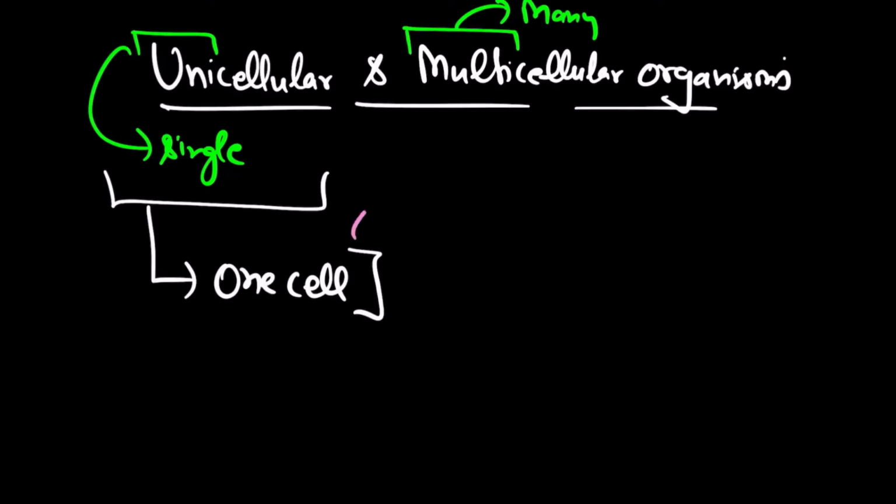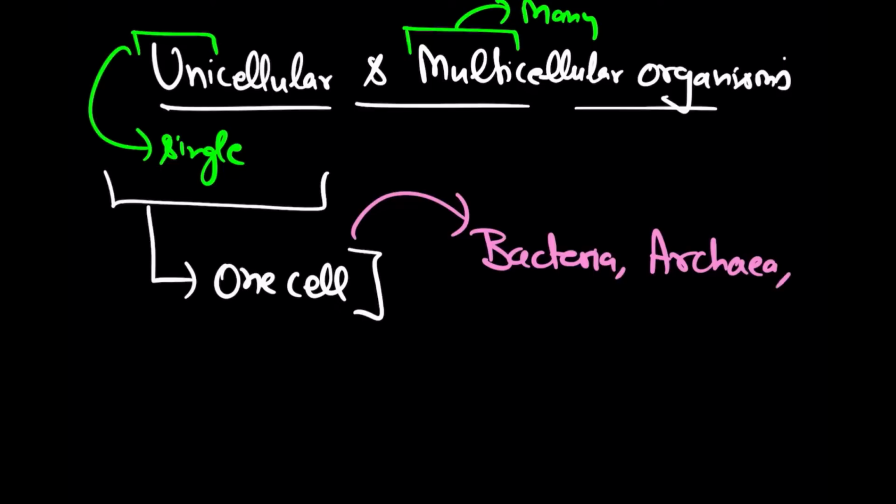Here I just want to tell you some of the best examples of unicellular organisms are bacteria. So bacteria are unicellular. In the same way, archaea are also unicellular. Amoeba is unicellular. Paramecium is unicellular.